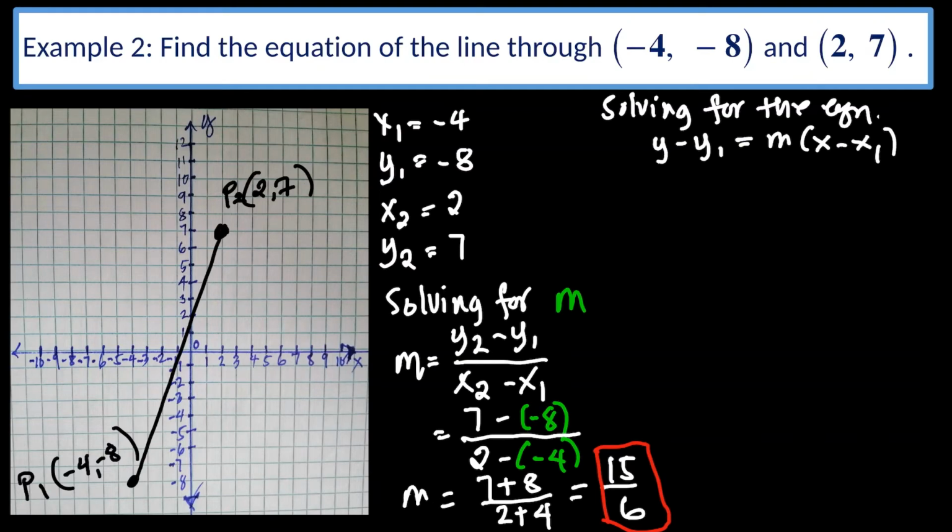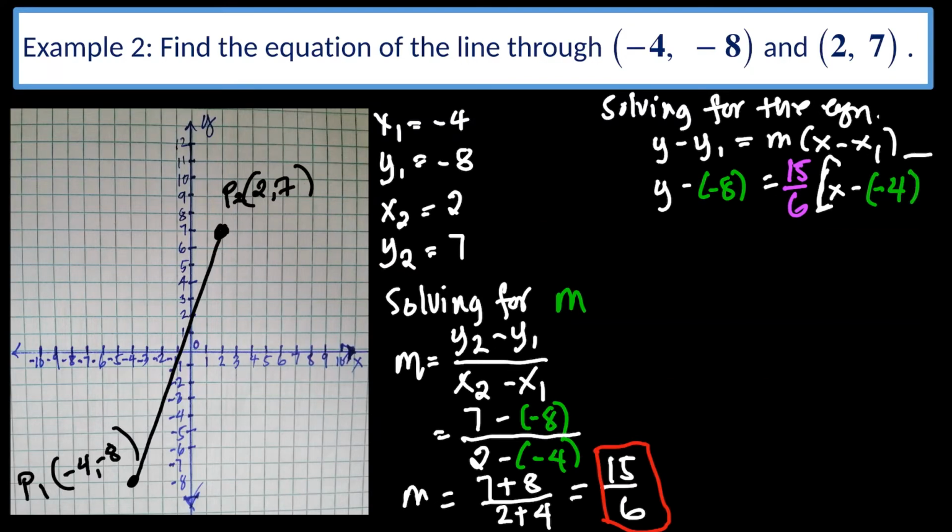We are given the y sub 1, which is -8. So -8 equals, the slope is also given, which is 15 over 6, times x minus our x sub 1, which is -4.